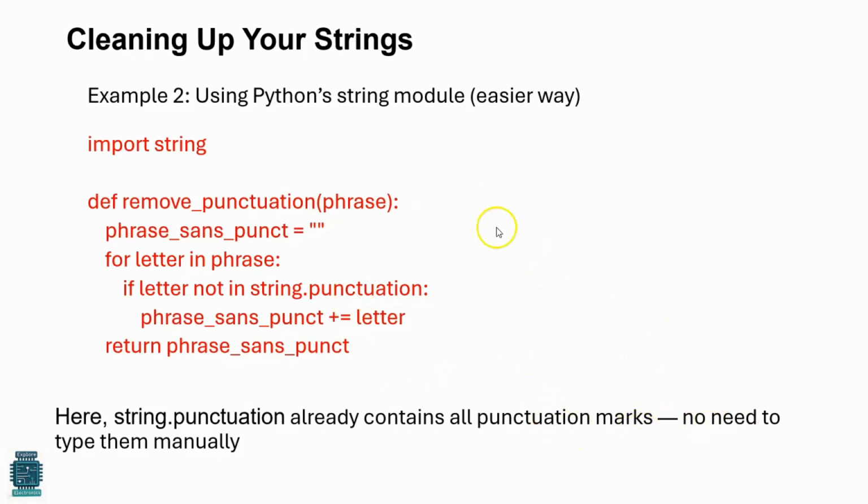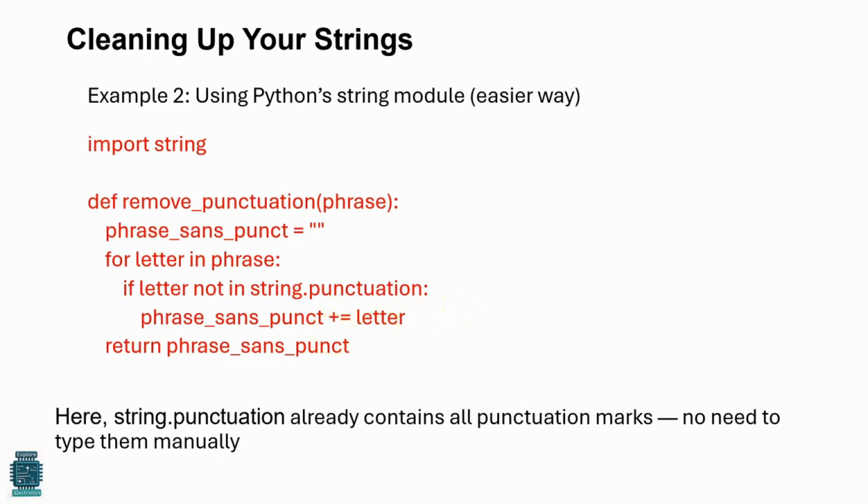In this line, you can see if letter not in string.punctuation, it will take all the punctuation marks. It will automatically remove all the punctuations. No need to do it manually. It is very simple, right?